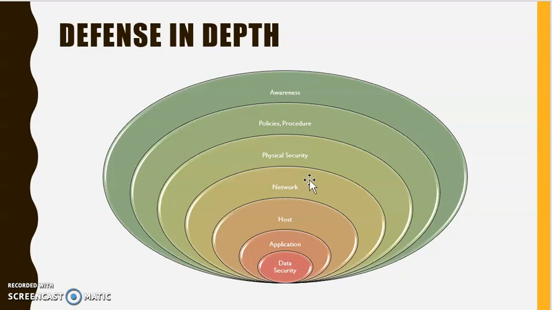Then we have the procedures, standards, and awareness. This comes under administrative controls. Each and every organization should have policies, should define the procedures for how to achieve those, and the standards as well.